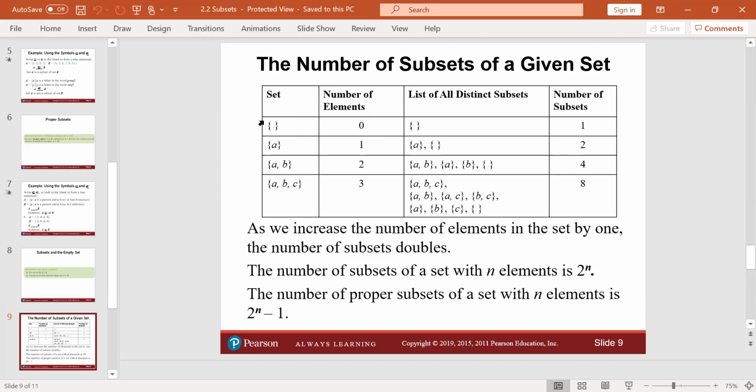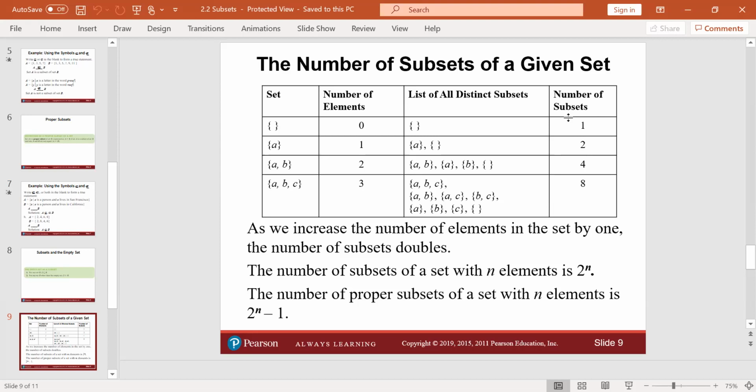The only thing that could possibly be a subset of the empty set is the empty set itself, because all sets are automatically subsets of themselves. And the empty set is automatically a subset of every other type of set. Let me reiterate, I'm getting tired of saying the word set. It's starting to feel like a buzzword, but that's it. So if your original set is the empty set, the only possible subset of it is the empty set. And that's only one possible subset.